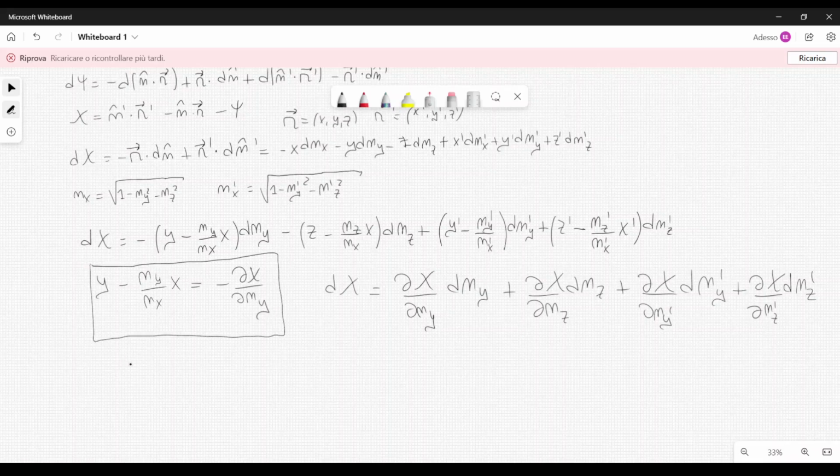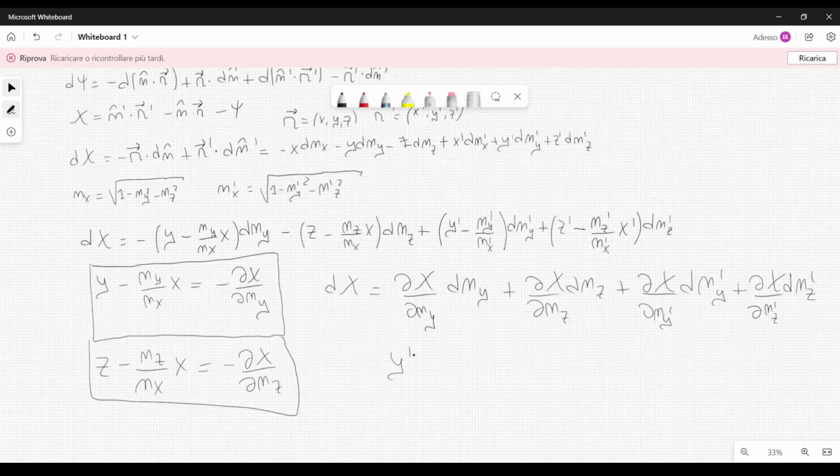And similarly, we obtain also the following expression, z minus nz over nx times x equal to minus d chi over dnz. And this is the first pair of equations. Then we have another pair.